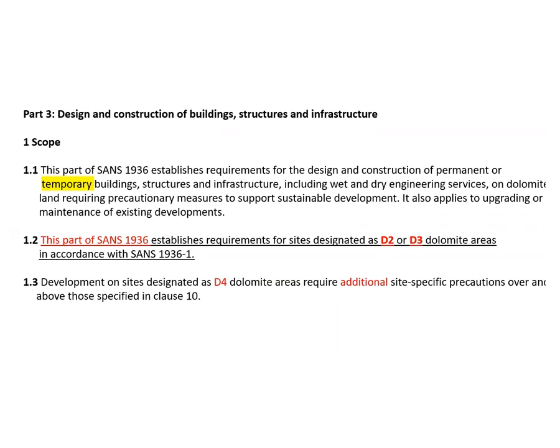If you're putting up a temporary structure, some toilets, while someone is building a commercial property, it even covers that temporary building, structures and infrastructure, including wet and dry engineering services on dolomitic land, requiring precautionary measures to support sustainable development. It also applies to upgrading and maintenance of existing developments.